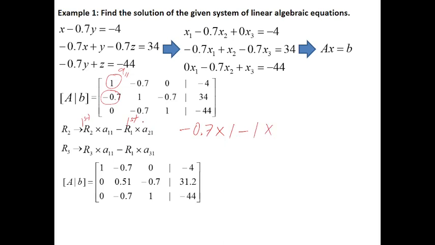A21. This is A21. Negative 0.7. What shall we get? 0. Therefore, we got the answer 0. This will now be R2 new. R2 new first element. So this is R2 new 0. First element for row 2.